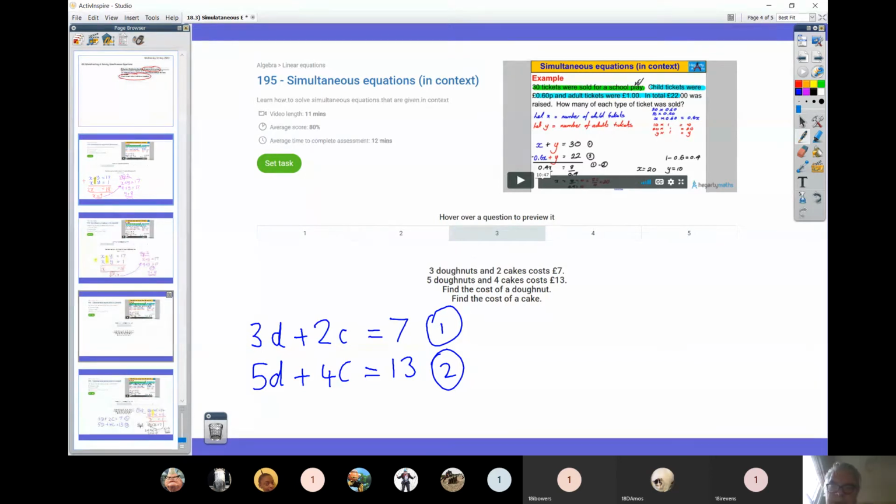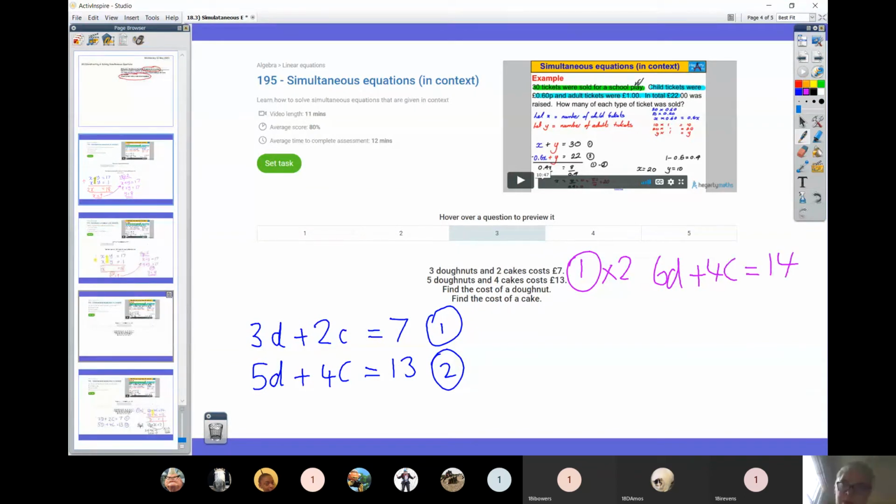So let's take equation 1 and double it. Doubling the 3D, doubling the 2C, and doubling the 7, I get 6D plus 4C equals 14. I've just doubled the 3 terms.